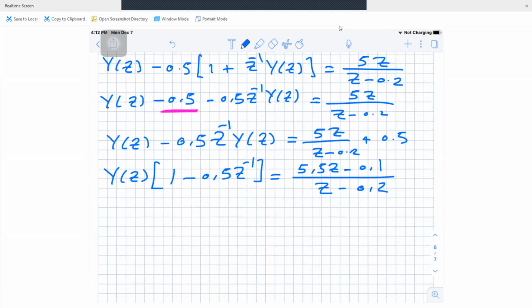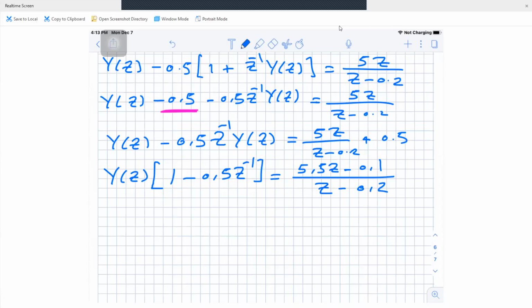Now, what will be our target? We said that in the second step, you are going to substitute the initial condition. Now we have substituted the initial condition. In the third stage, you have to solve for y of z. What do you mean by solve for y of z? I mean put y of z on the left-hand side and the rest of the equation on the right-hand side.